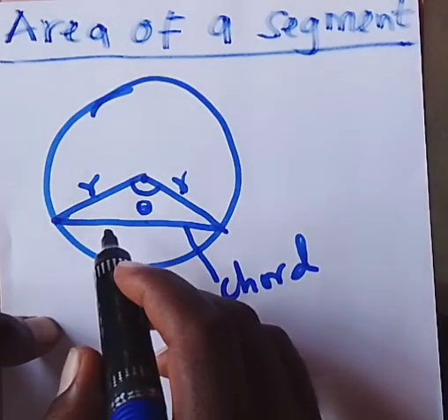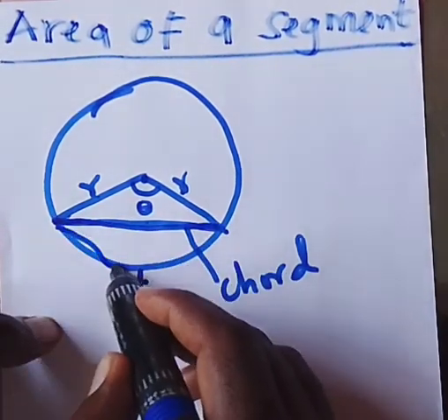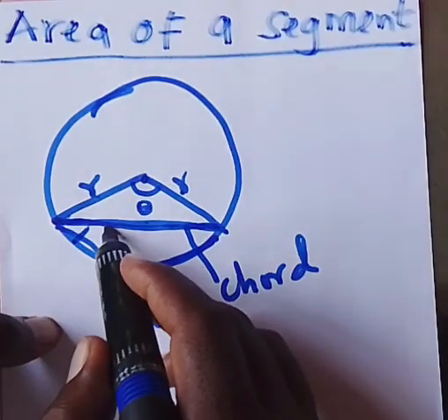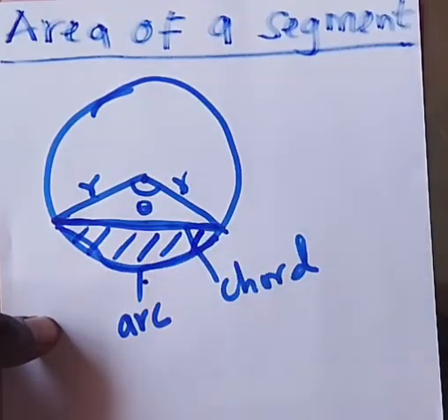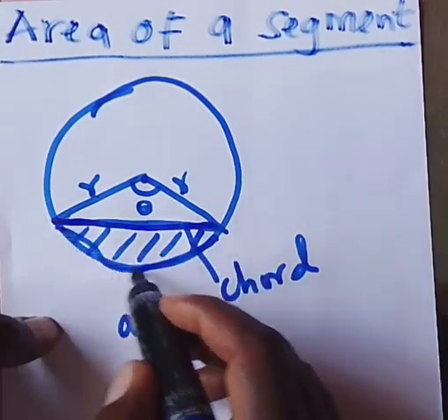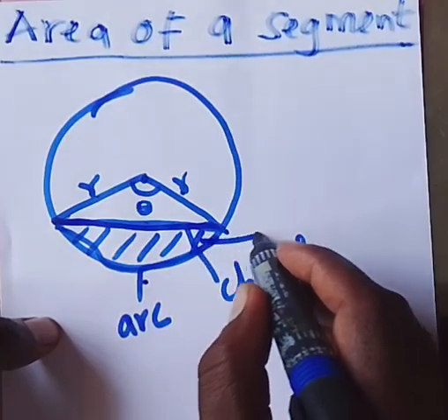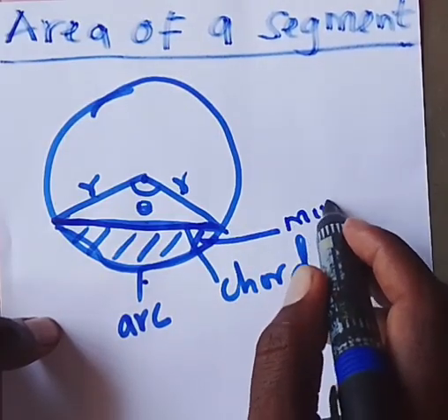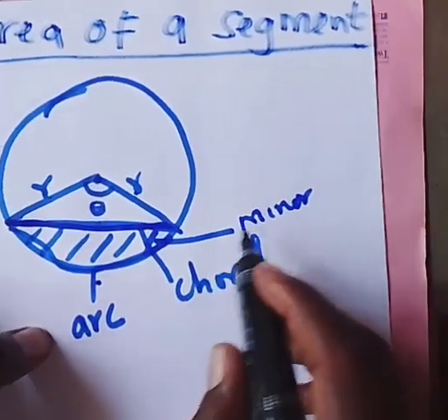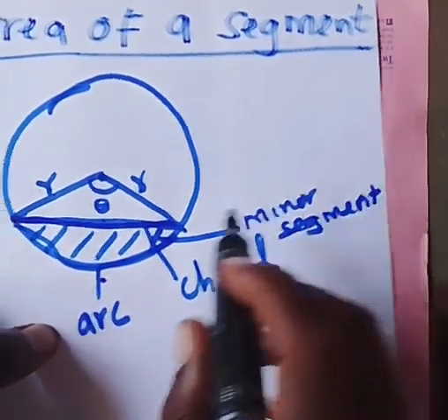Now, the region bounded by a chord and an arc is what we call the segment. Area bounded by a chord and an arc is called a segment. So this one, I can call a minor segment.